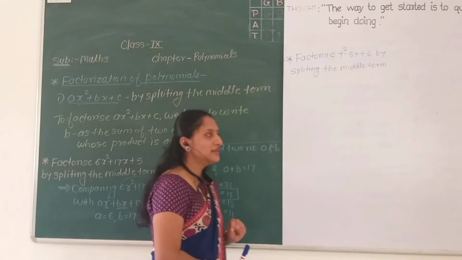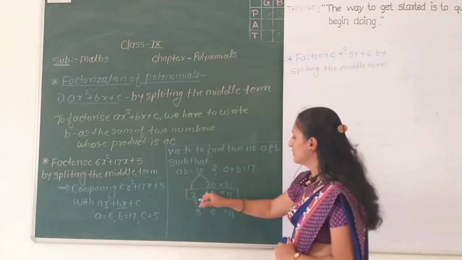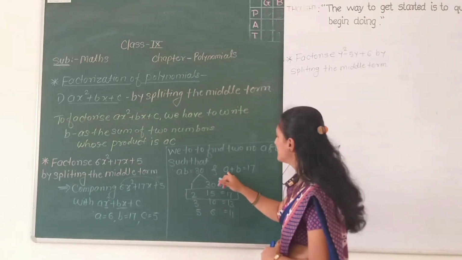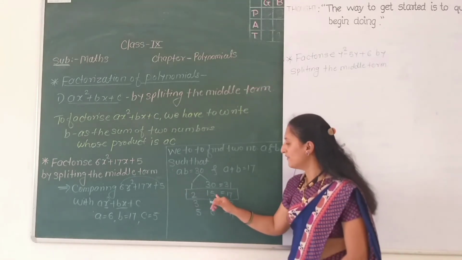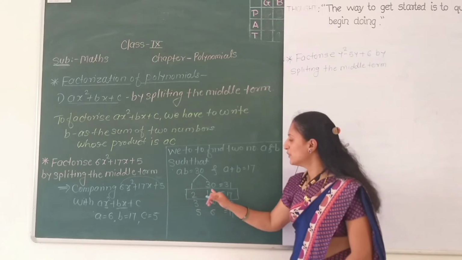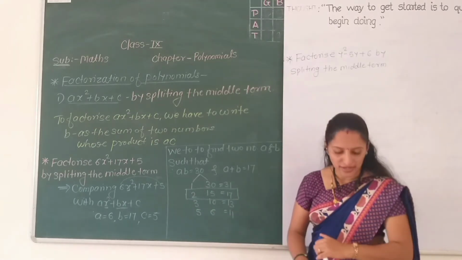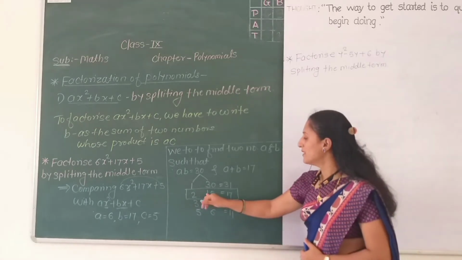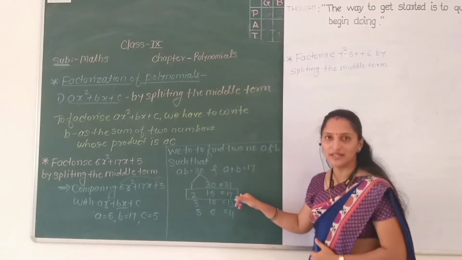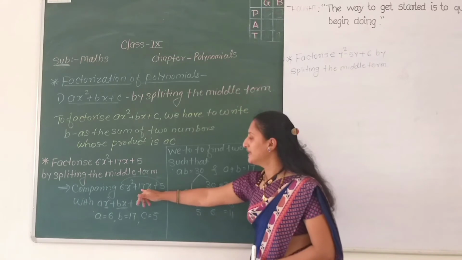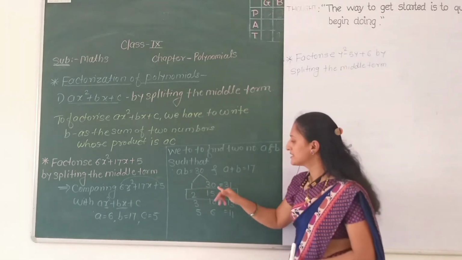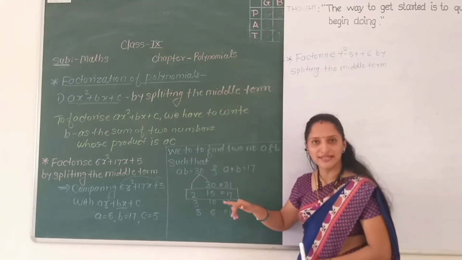So we find the two numbers a and b are 2 and 15, such that 2 into 15 is 30 and 2 plus 15 is 17. So we can split 17x as 2x plus 15x.